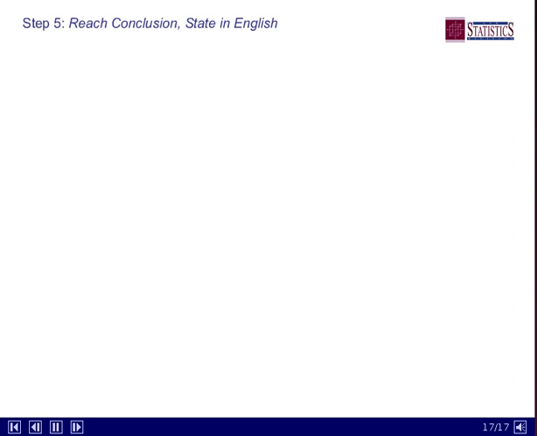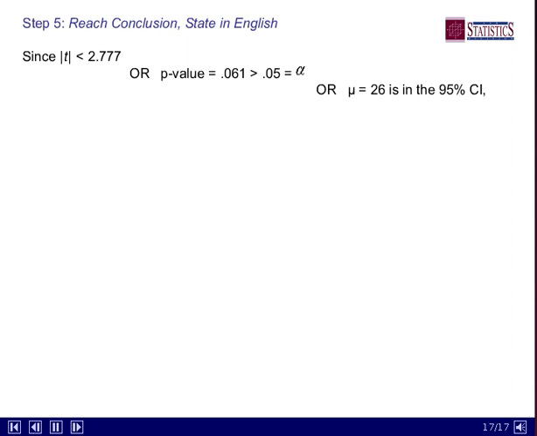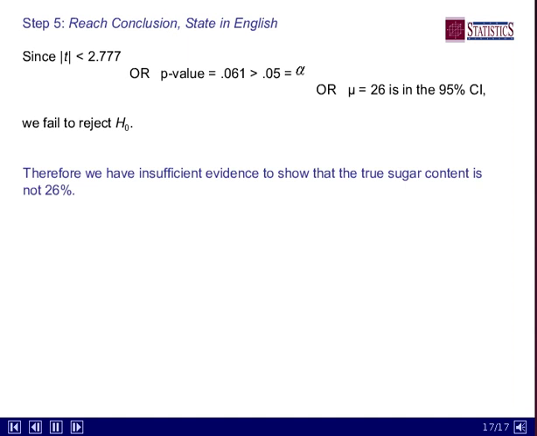So we reach our conclusions and state them in English. Since the t-value, the 2.58 in absolute value, is less than 2.77, it's not bigger than that cutoff value, or our p-value 0.061 is bigger than the alpha value of 0.05, or our target of 26 is in our confidence interval, any one of these ways of looking at it would lead us to fail to reject the null hypothesis.